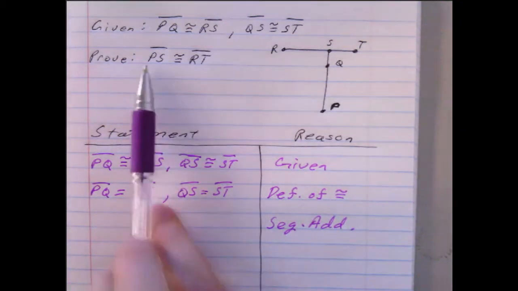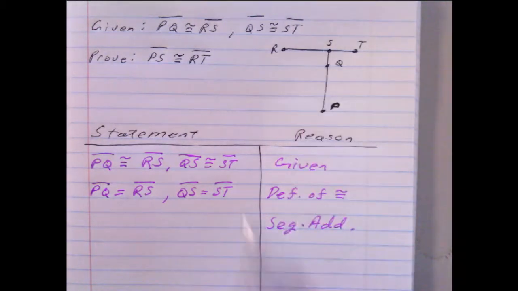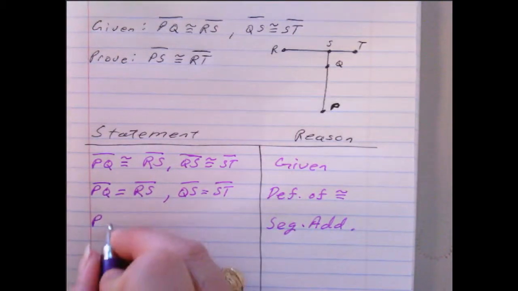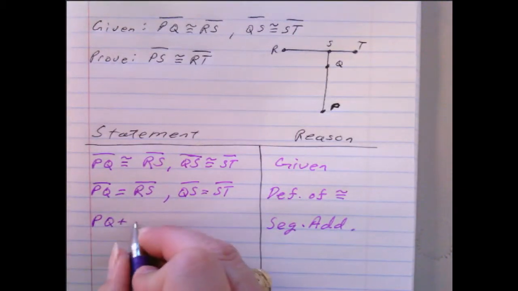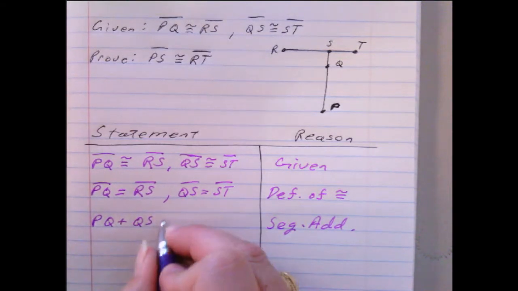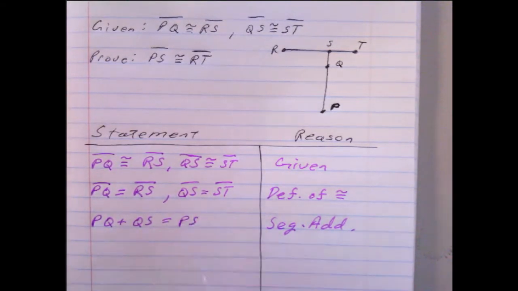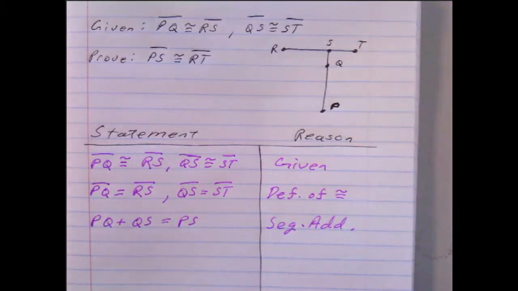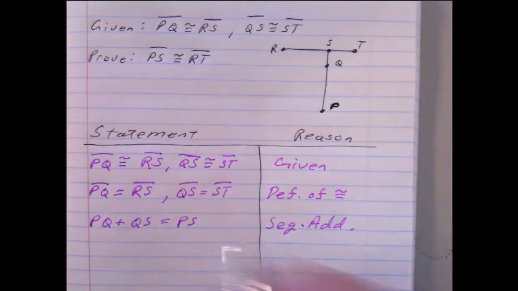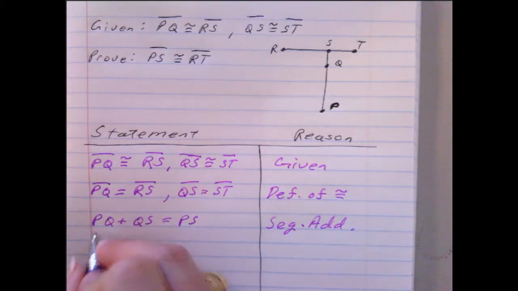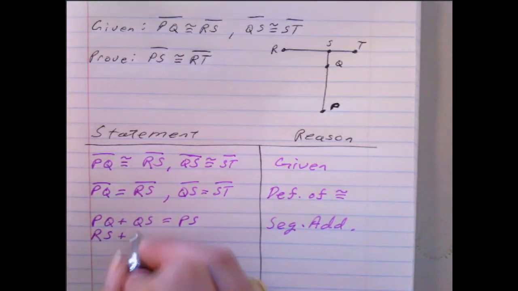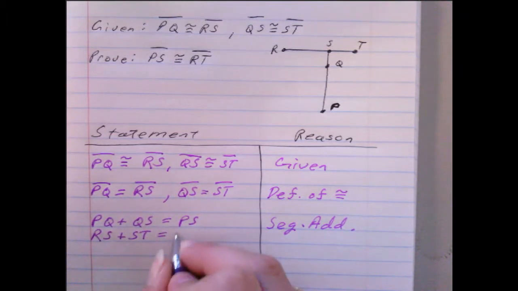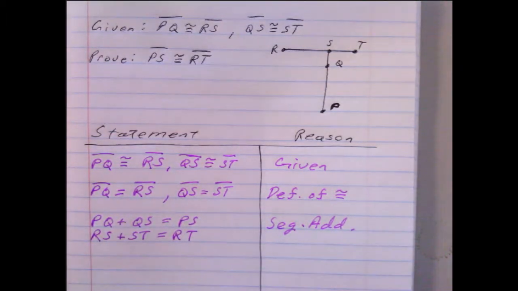So in order to get PS from P to S, I need to take PQ plus QS equals PS. And I'm going to do the same thing for the other one, for RT. So we have RS plus ST equals RT, and that is our segment addition.